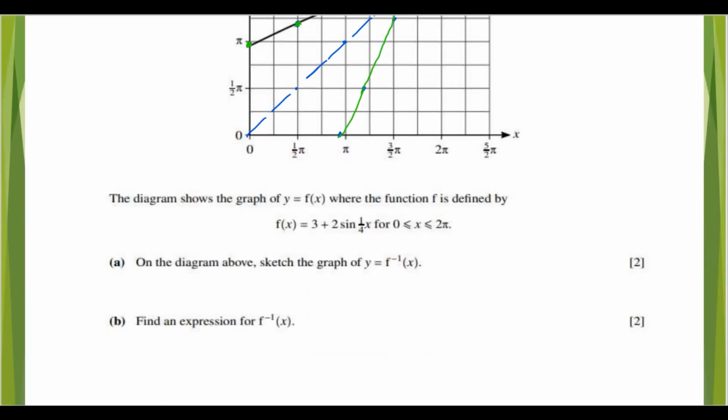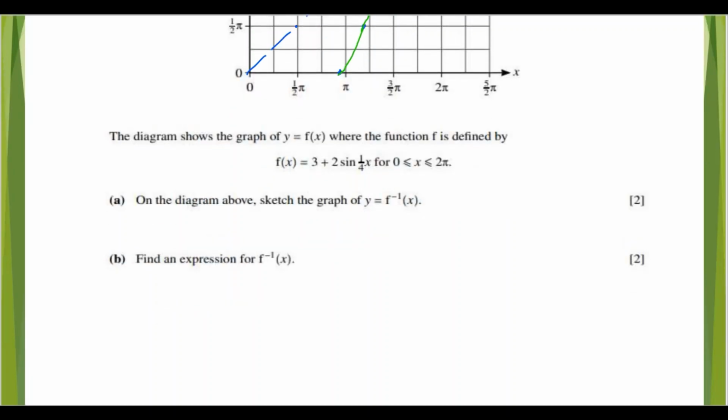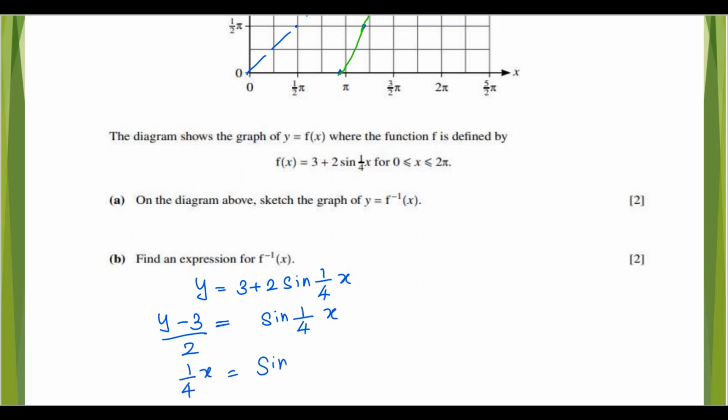Find an expression for f inverse of x. Let's write the given expression as y is equal to 3 plus 2 sine 1 over 4x. Y minus 3 equal to 2 sine 1 over 4x. And we can bring this 2 also to the other side. It will go in the denominator. So 1 over 4x equal to sine inverse of y minus 3 divided by 2.